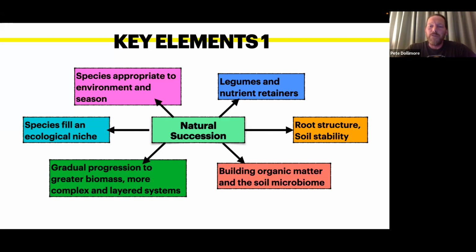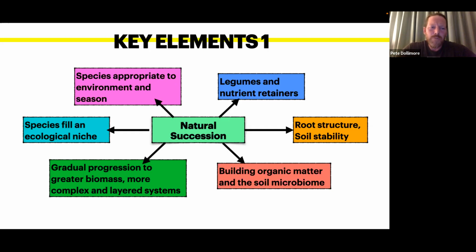The root structure, soil structure, this is what helps build the soil that later goes on to provide such a richness. The organic matter, the soil microbiome, all of these are developing from what would have been in primary succession, which is where rock gets turned into soil, then becomes a kind of bare soil and then rebuilding again.